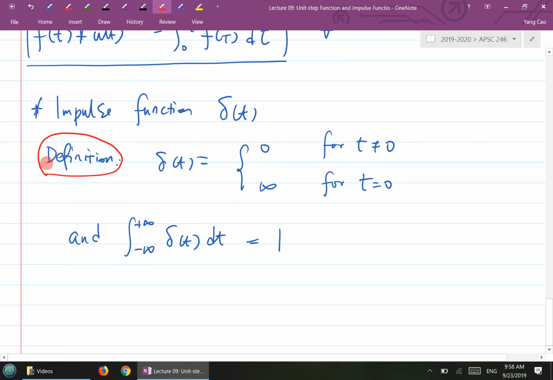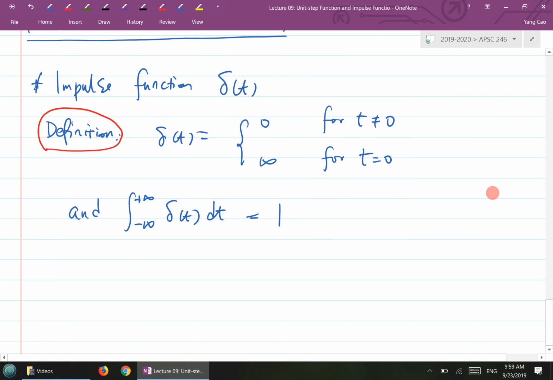I think I need to emphasize this is a definition. I do recognize that a lot of the time, especially when you learn new things, our brain tends to not accept them. But we are rule followers. So when you see a definition, you should tell your brain, follow it, because that's the definition.